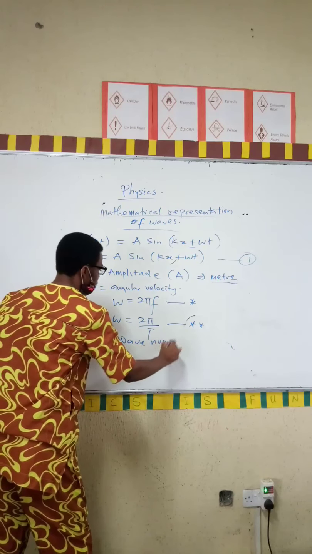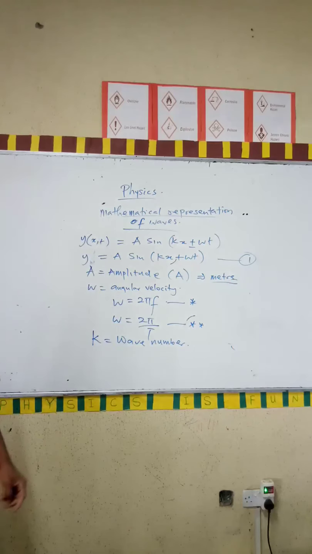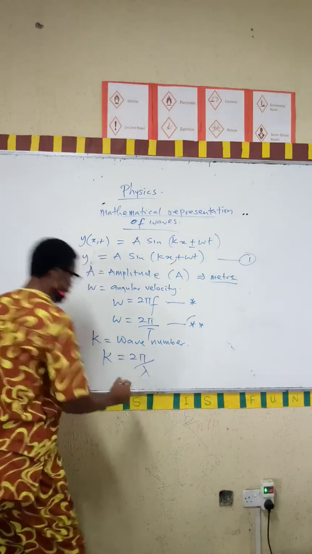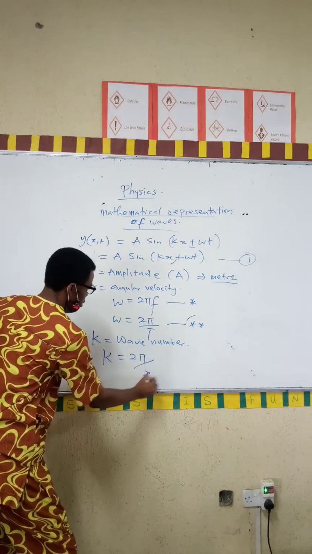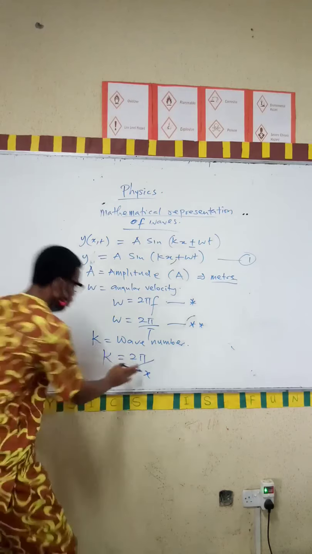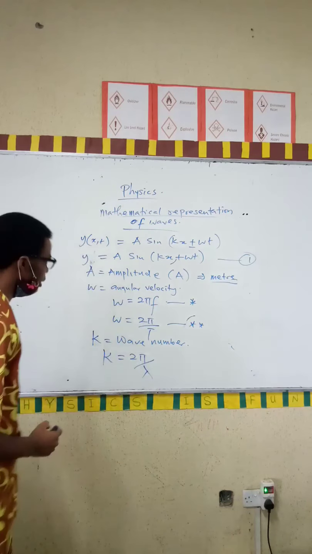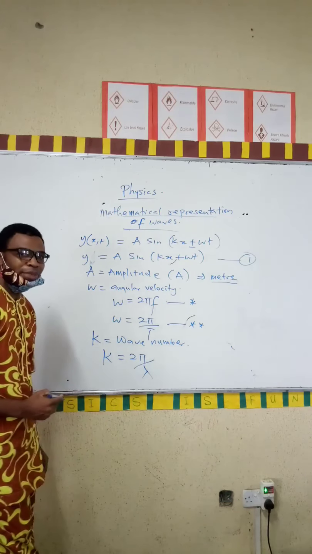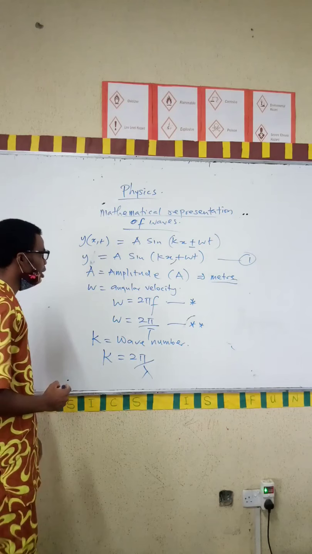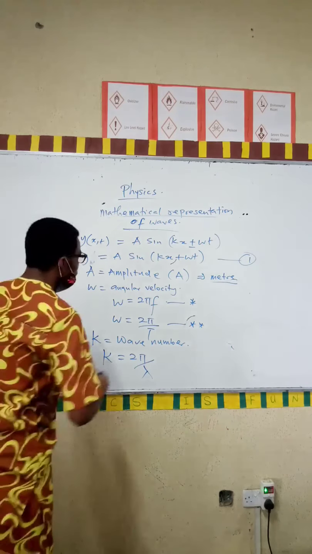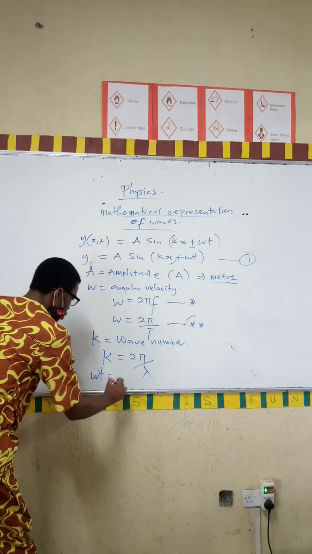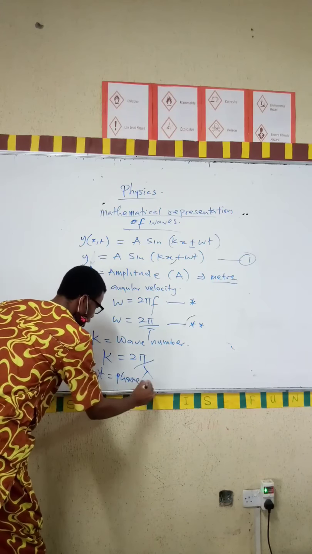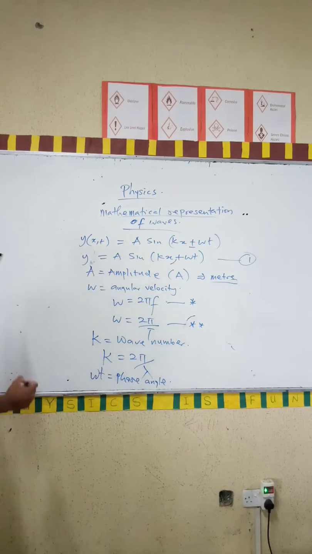Wave number k is given by 2 pi over lambda. So that is k, 2 pi over lambda. Now, take note, wt is given as the phase angle.